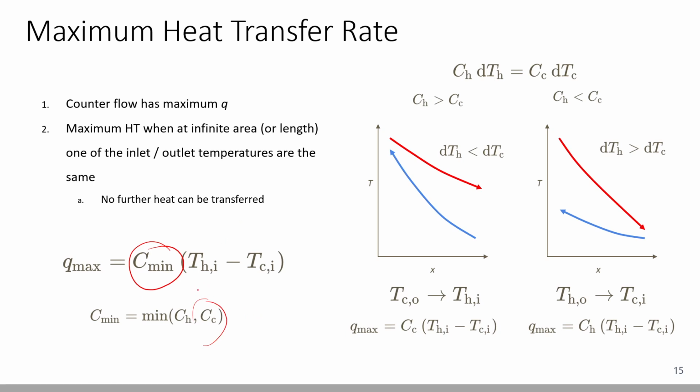Similarly, CH is the mass flow rate of hot fluid times the heat capacity of the hot fluid. So the maximum possible heat transfer through any heat exchanger will always be given by C minimum times the temperature of hot fluid at inlet minus temperature of cold fluid at the inlet. Now it won't matter if it is co-current or counter-current flow. We will only consider the inlet of the hot fluid and the inlet of the cold fluid.